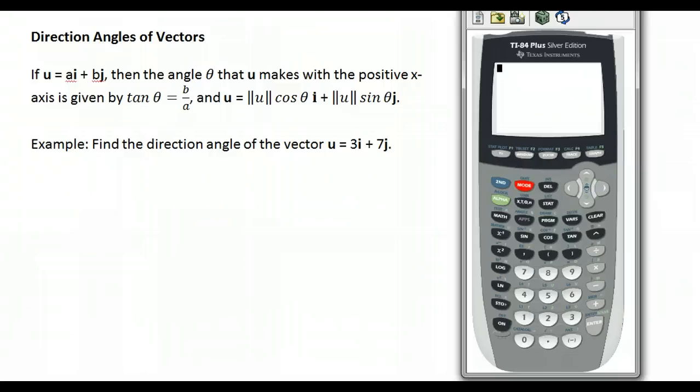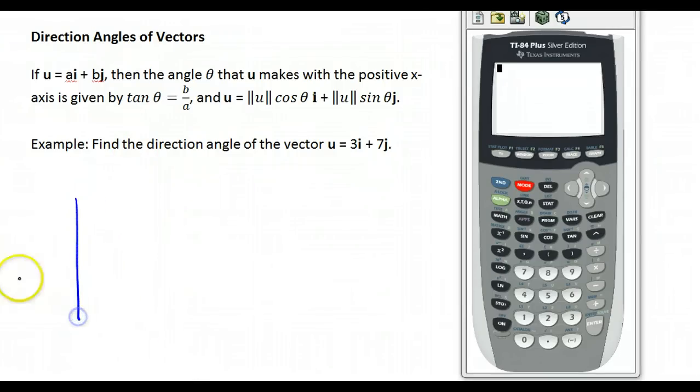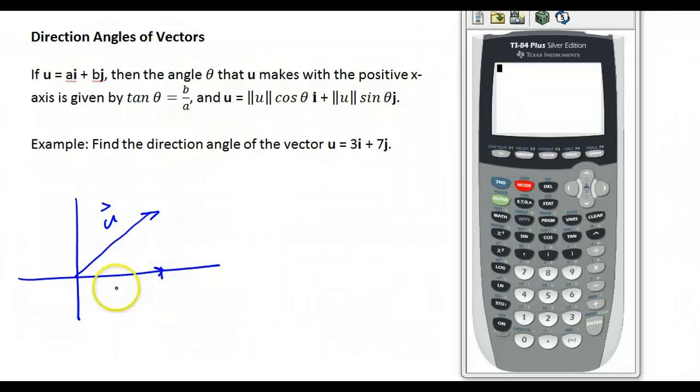Now you can also determine the direction a vector is going by figuring out the angle that the vector makes with the positive x-axis. And if you have a vector written in component form, ai plus bj, then the angle it makes you can figure out by saying the tangent of theta is equal to b over a. Because if you think about it, if vector u is going out, let's say that that's a and that's b.